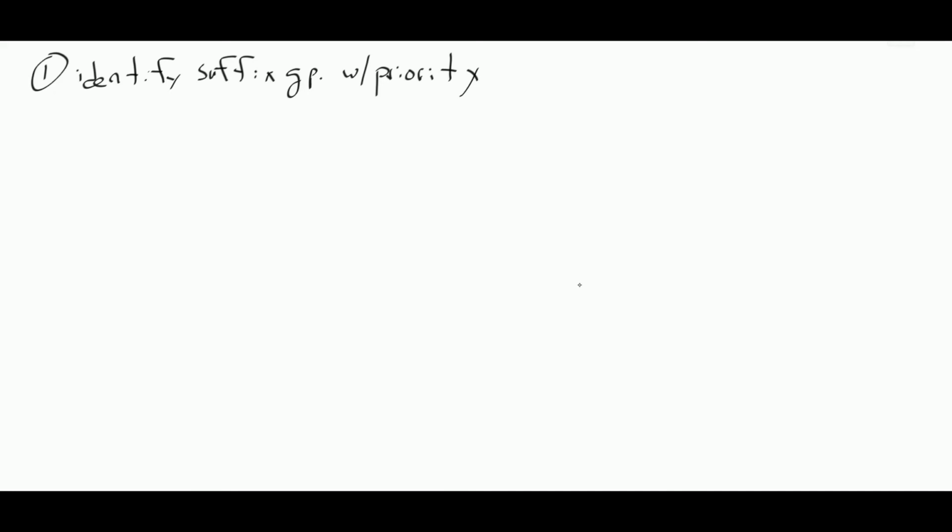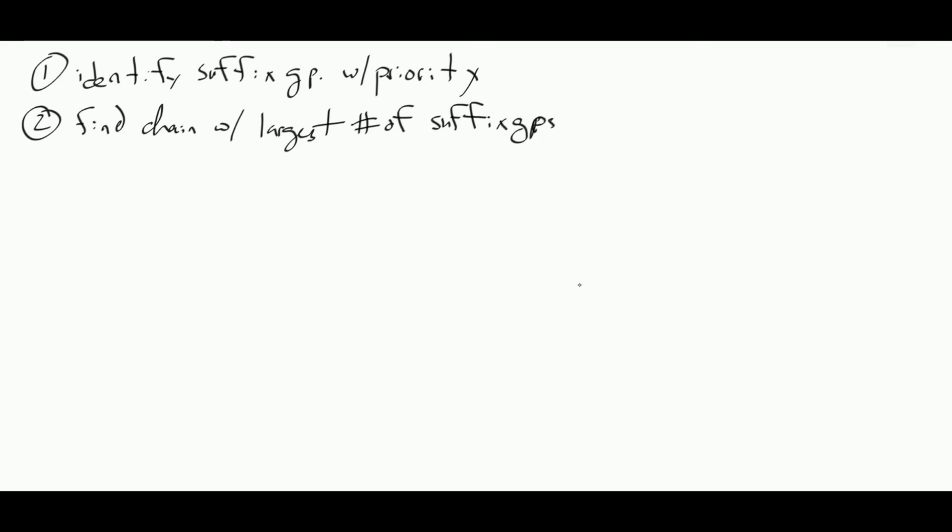But we'll be adding more later, so let's go ahead and just throw that on there at the moment. 2, find chain with largest number of suffix groups. Okay. So if you have multiple examples of that suffix group in the molecule, find the chain that includes the largest number of them.